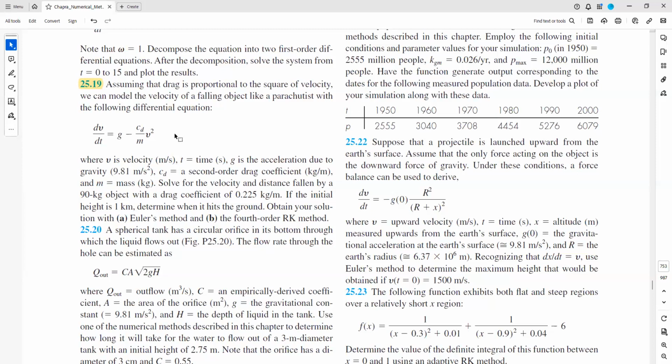To get the instantaneous position z of t, use dz over dt equal to v. So then it becomes a system of coupled equations, dz over dt equal to v. So you can call this a function of t, z, and v.